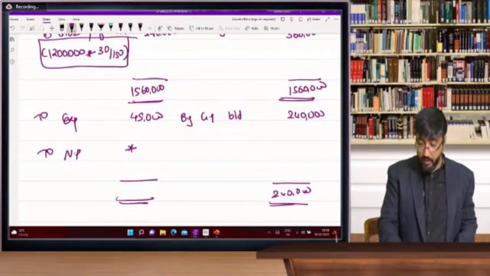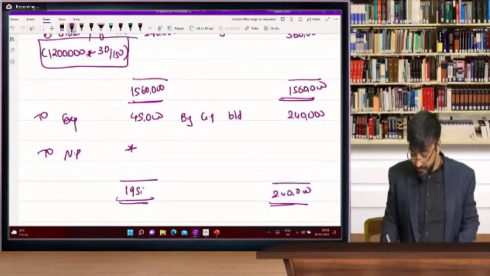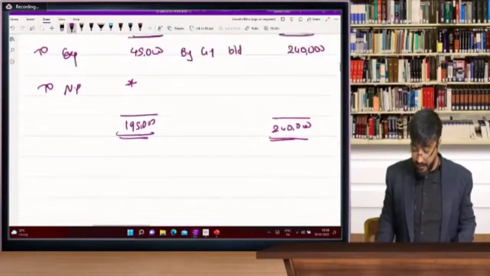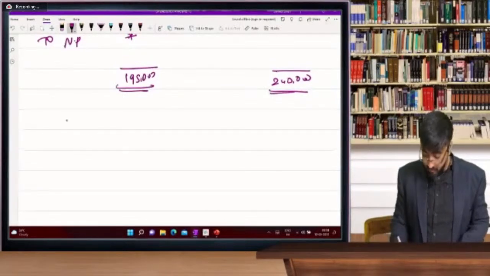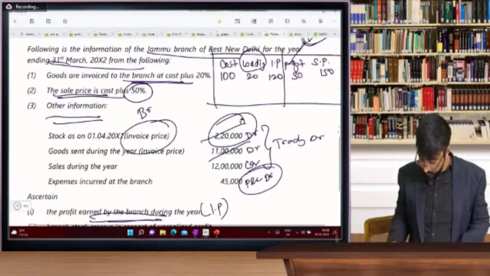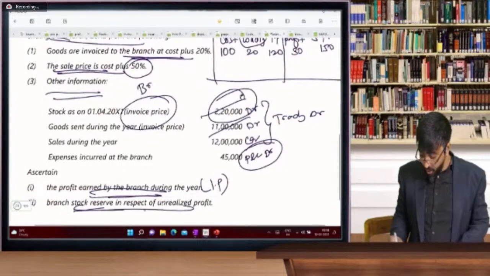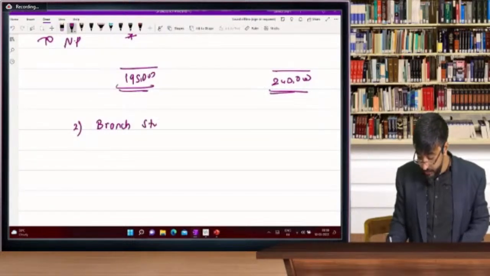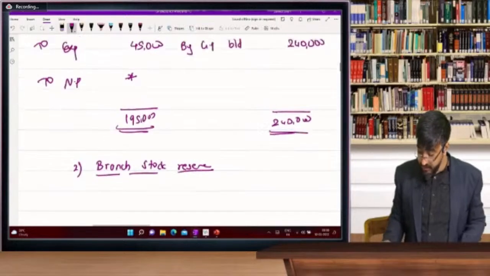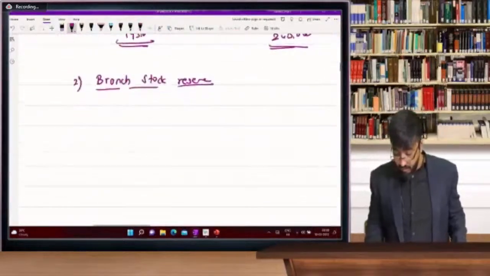What is important in this question? Balancing figure, 1,95,000. And second one, branch stock reserve. Second question, branch stock reserve. Branch is sending goods on invoice price.